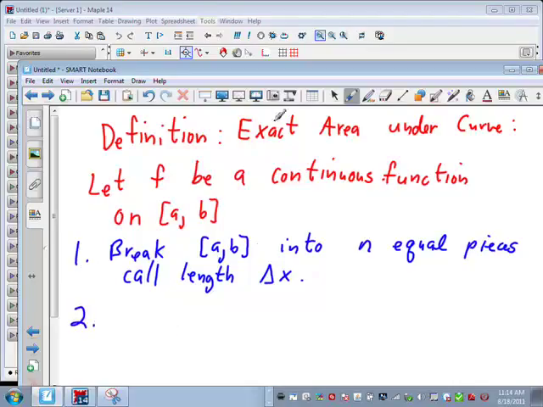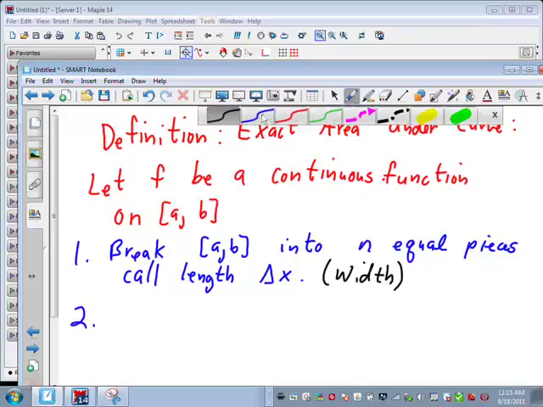Now what? So I guess I should say that gives us the width of the rectangles in question. Okay, and now what? We need the height.